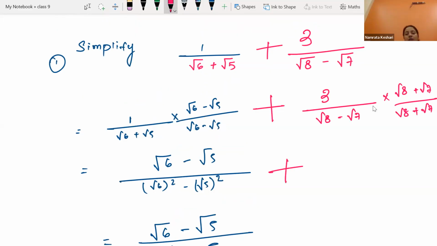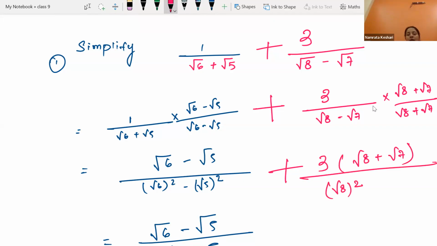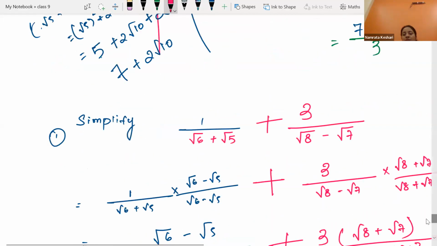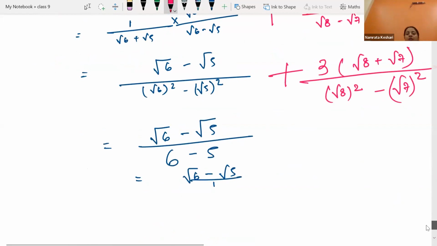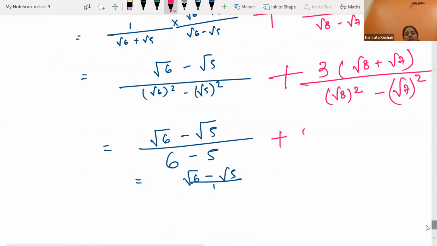Okay, added sign over here. 3 multiplied with root 8 plus root 7, over the denominator will be square root of 8 square minus square root of 7 square. That means we will be having 3 root 8 plus 3 root 7 by 8 minus 7 is 1.